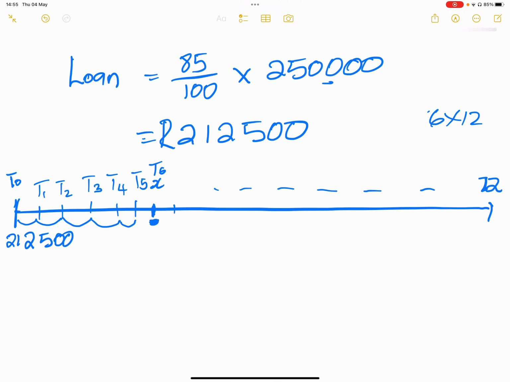So in that case, what it simply means, ladies and gents, and please, I want you to remember, when it comes to loans, between the granting of the loan and the beginning of the payment, there's always that month that you have as a gap, right? So I want you to please remember that that is always a practice.